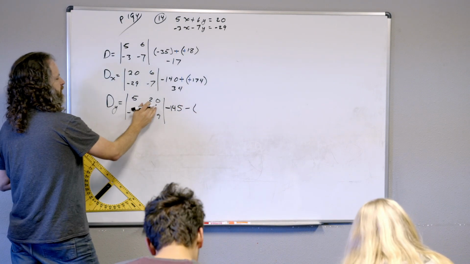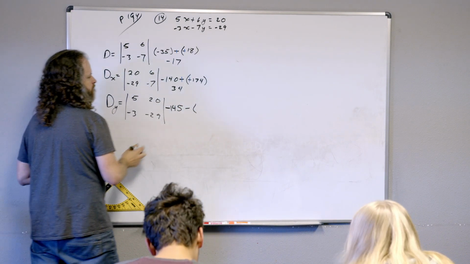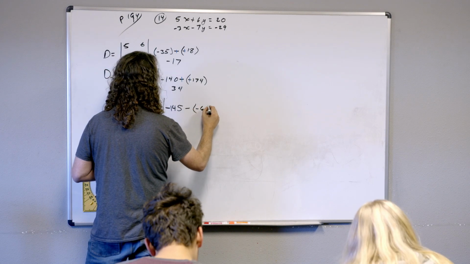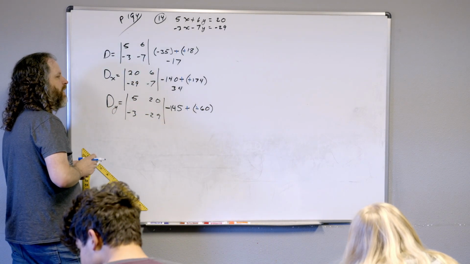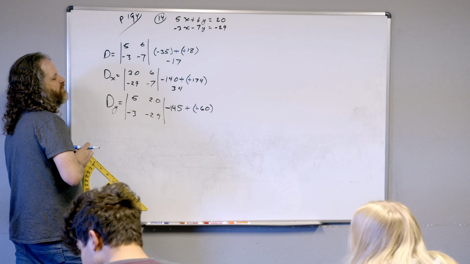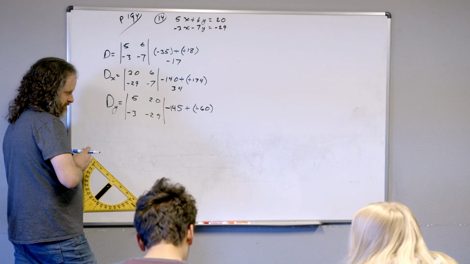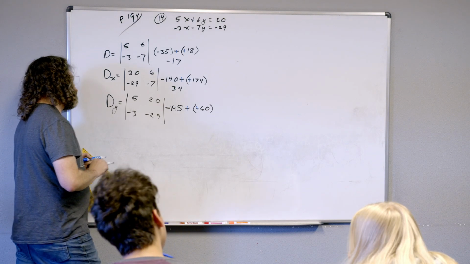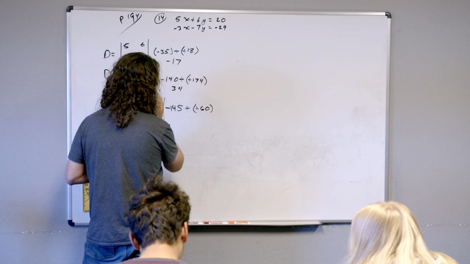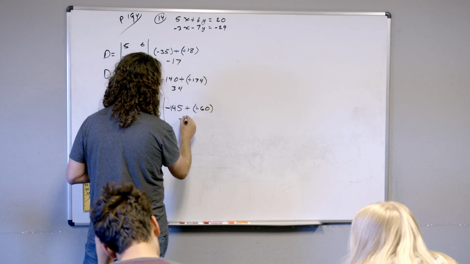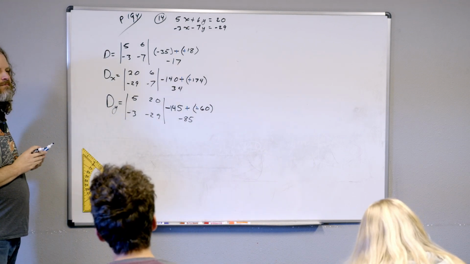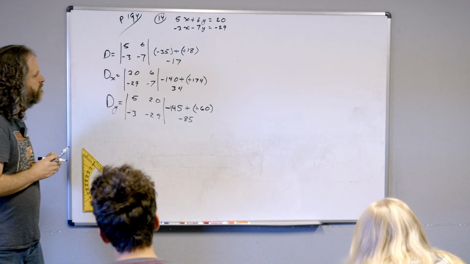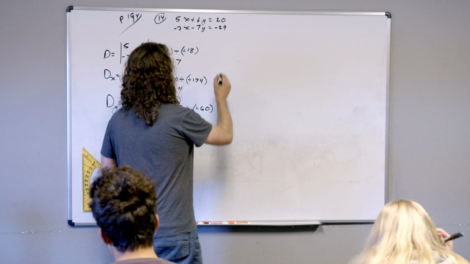Minus, and then negative 3 times 20 is what? Negative 145 plus 60 is what? Now you put those on top of the negative 17 in a fraction.